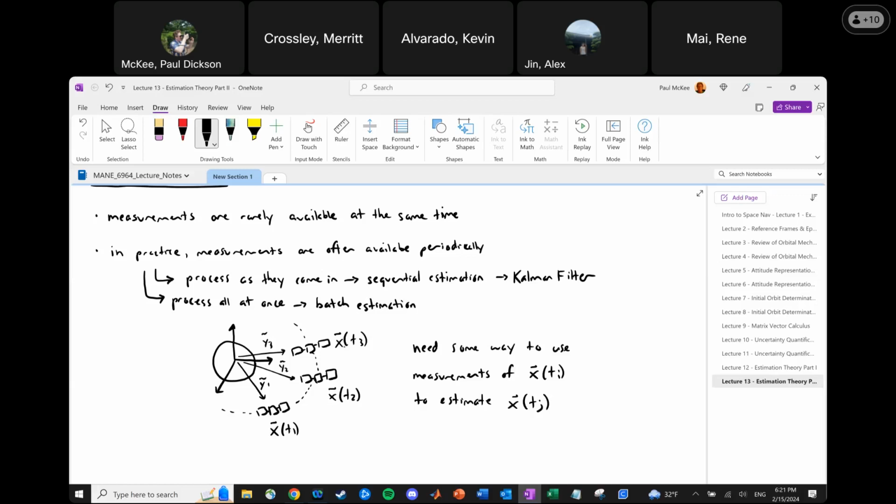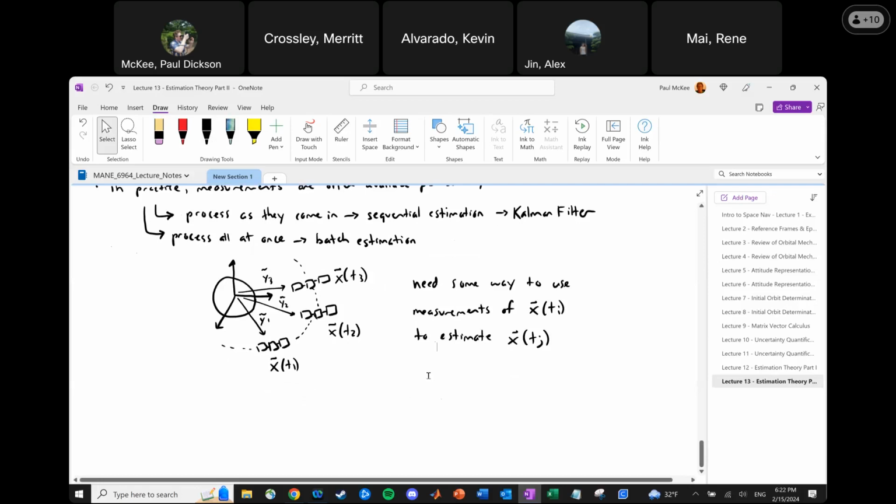Therefore, here's my best guess of the current state. And you can do that for each of the different measurements. You can map your measurements onto the same time, and that is batch estimation. That's essentially what we're going to be getting into. And there's a fun technique that we can use to map the state from one time to another, which we will discuss before we get to the end of this page of notes. So buckle up and bear with me here.